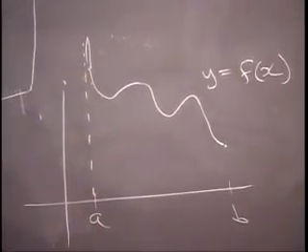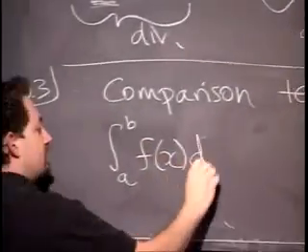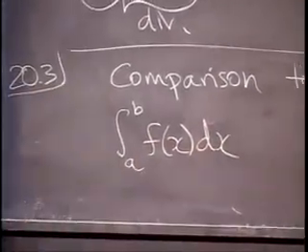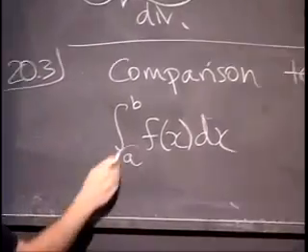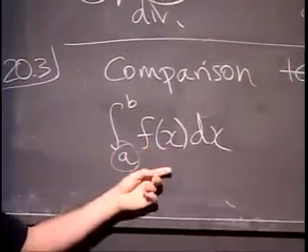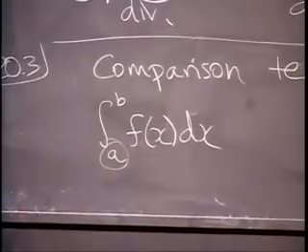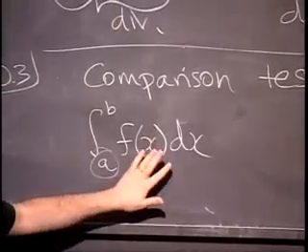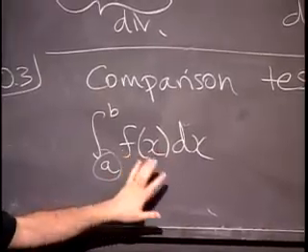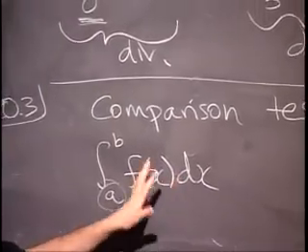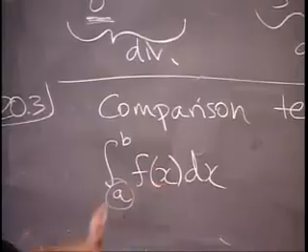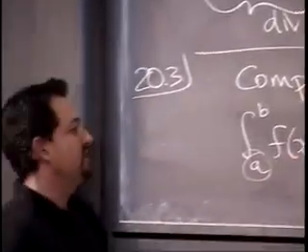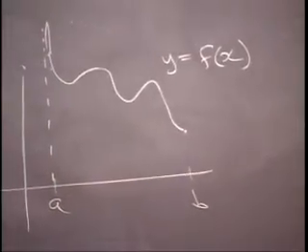So what we're trying to find is the integral of f of x between a and b. We know that there's a problem at a, say, because there's x minus a in the denominator of this, or something like that. And what we want to do is just see if this converges or diverges. We don't care what it converges to, if it does in fact converge. We just want to know, does it converge or does it diverge? Can I paint this with finitely much paint?